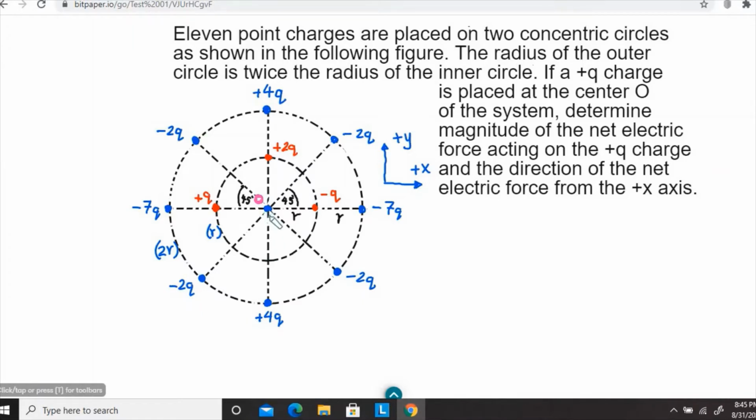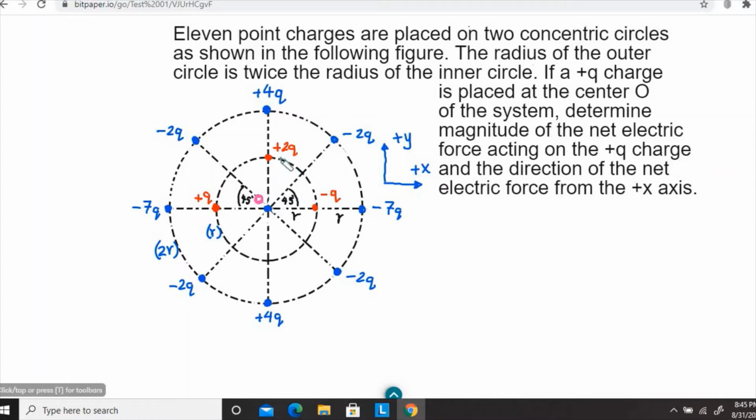So relative to the origin, the point charge distribution along the outer circle is symmetric. As a result, we can conclude that the net electric field due to those 8 charges at the charge on the center is 0.